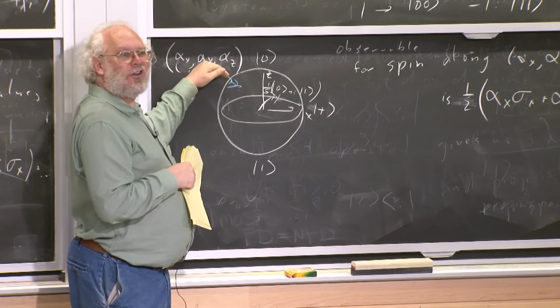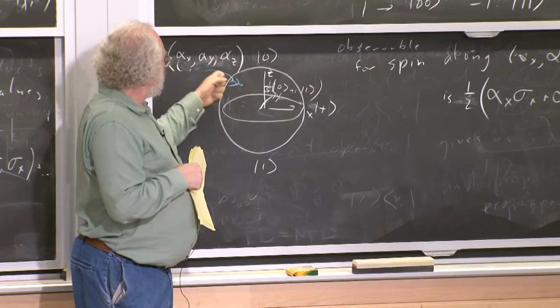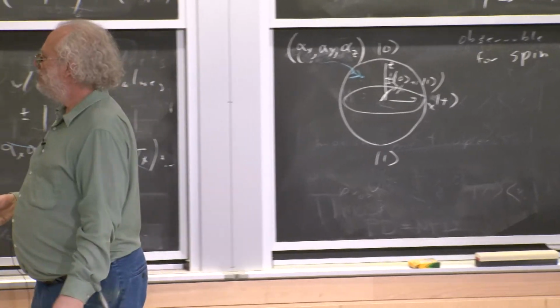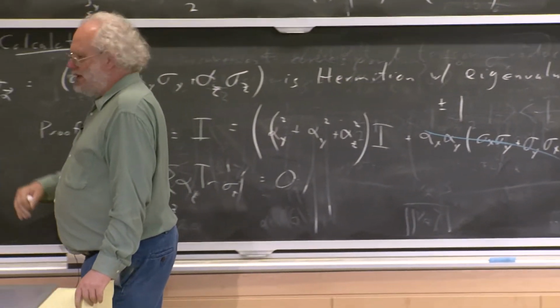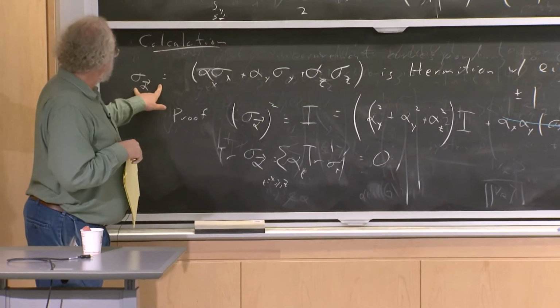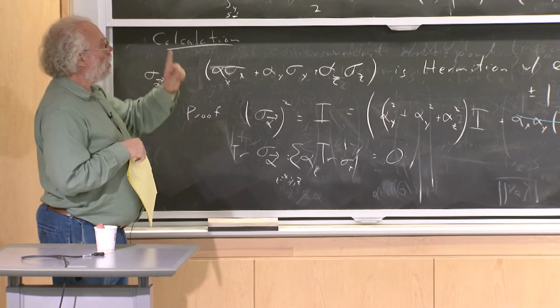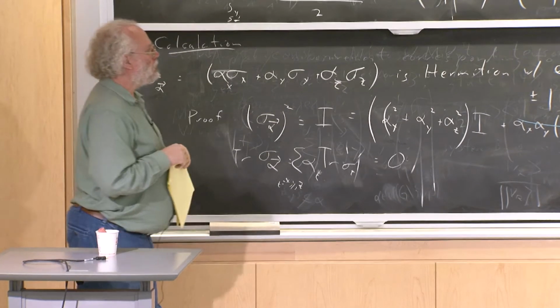I don't want to do this calculation because it's rather messy, but I think it's in the textbook. So we have the observable for spin in an arbitrary direction.